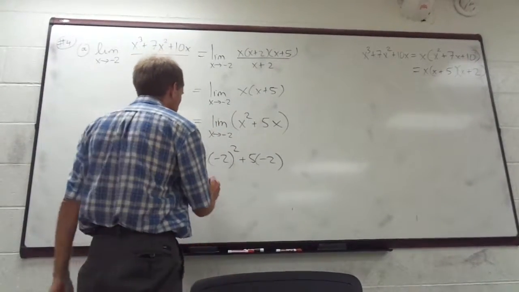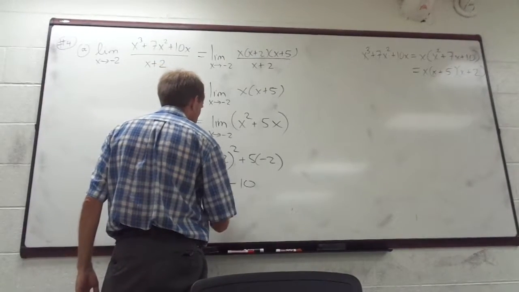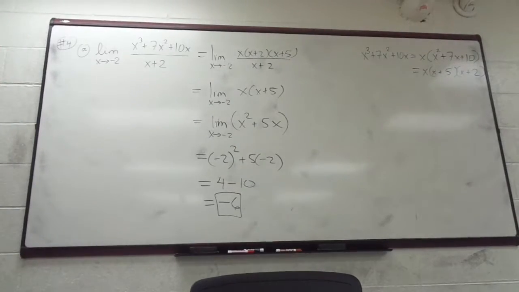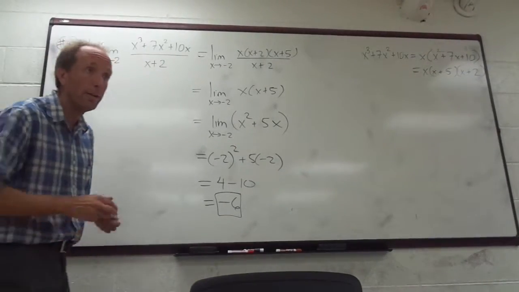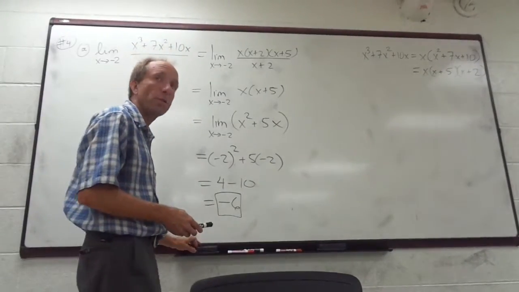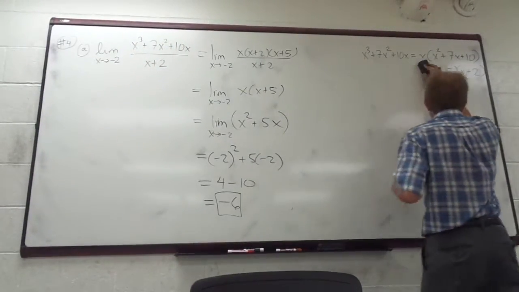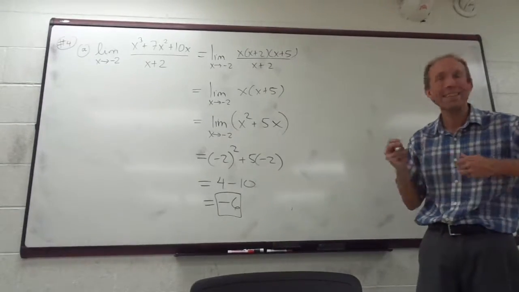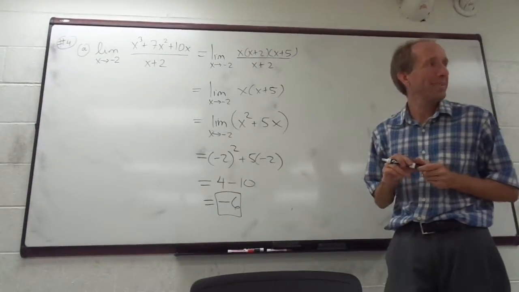So you're simply putting all of that in. 4 minus 10, which is -6. Okay, that's the answer. So there's no need here for an epsilon delta proof. They didn't ask you for that. So unless they tell you how to do the problem, you can use whatever tools you want. Okay. Everybody all right with that one?